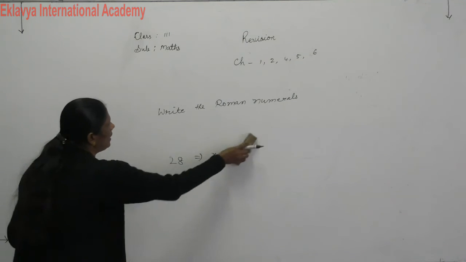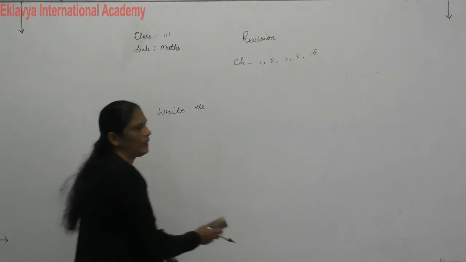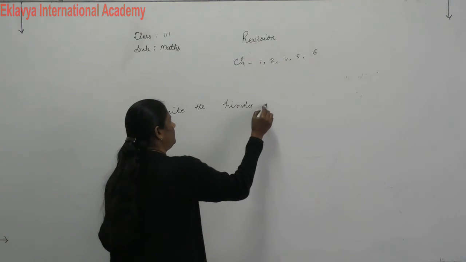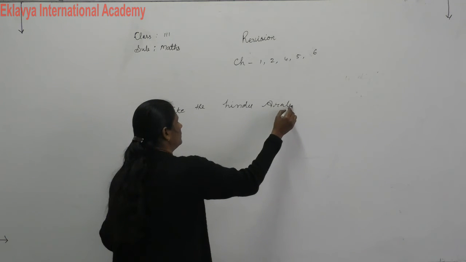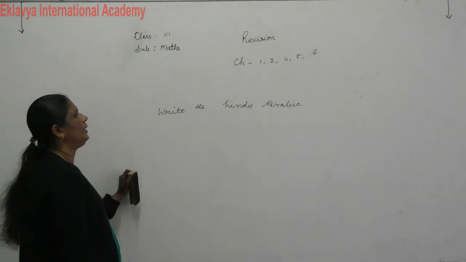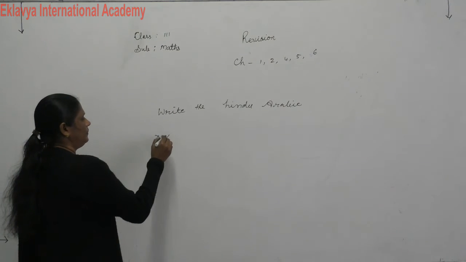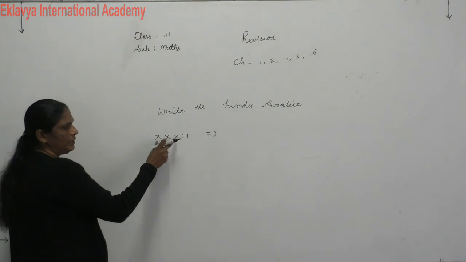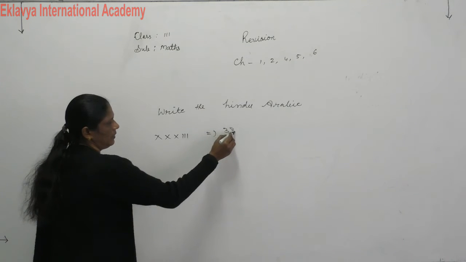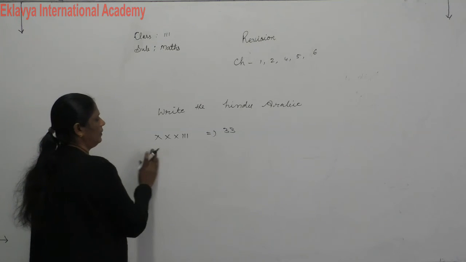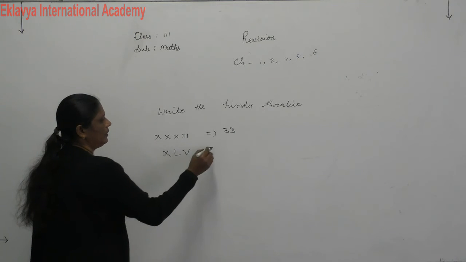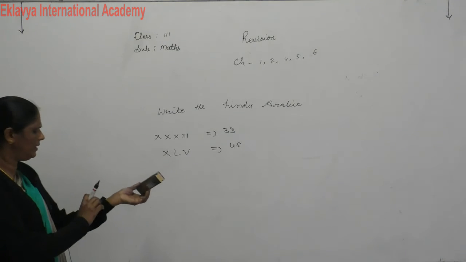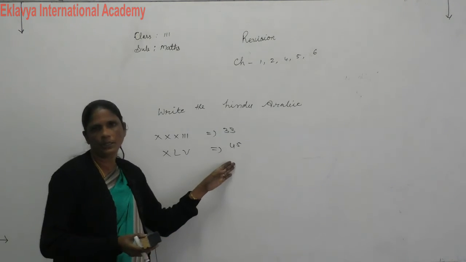Next, write the Hindu Arabic numerals. First 10, 20, 30, 33. Then you read 40, 45. Understand this? Then this is the Hindu Arabic numeral.